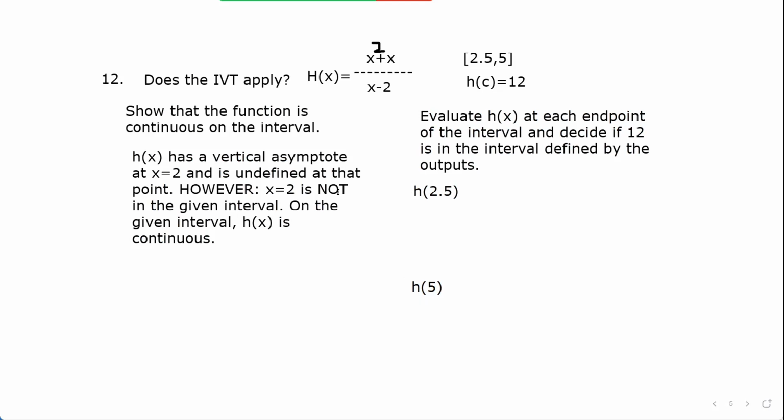Let me click the text because that's a little bit easier.